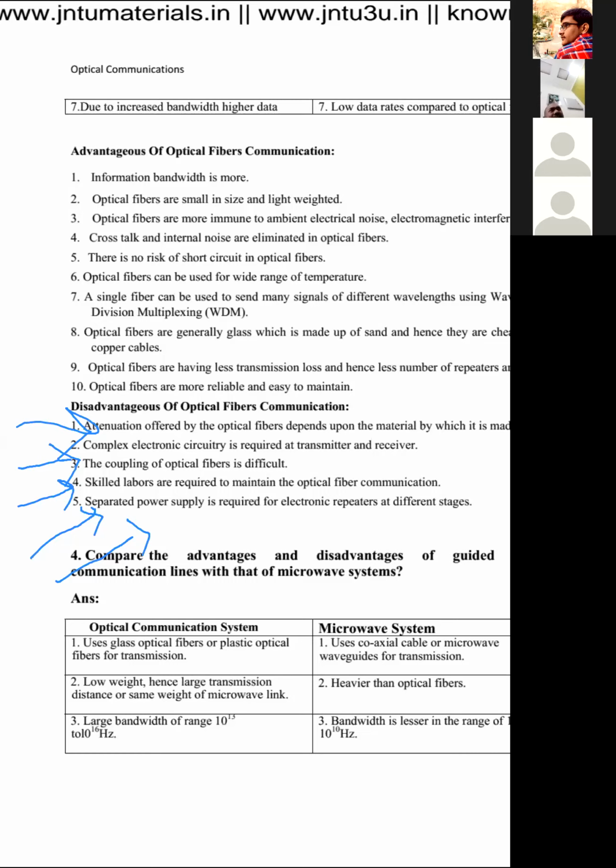Now, I'm comparing the optical communication system with the microwave communication system. We know that optical fibers are made up of either glass or plastic.